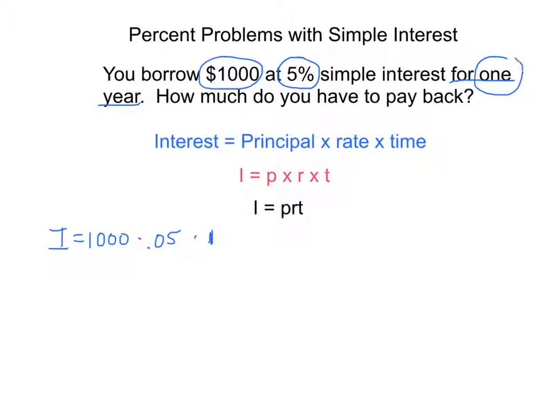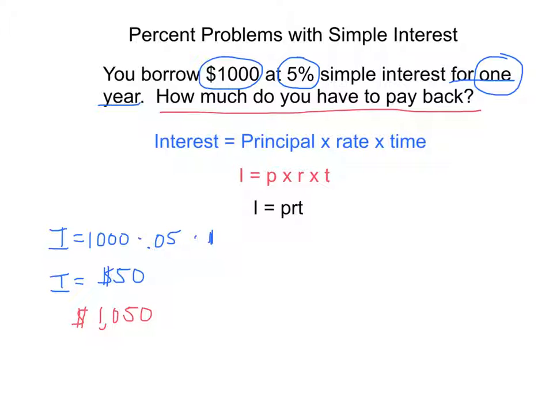In the problem, I'm keeping it for 1 year, so I'm just going to multiply by 1. Now, 1,000 times 0.05 times 1 gives me $50. The question said, how much do I have to pay back? Obviously, I have to pay back the original $1,000 plus another $50, so I have to pay back $1,050 after that 1 year time period.